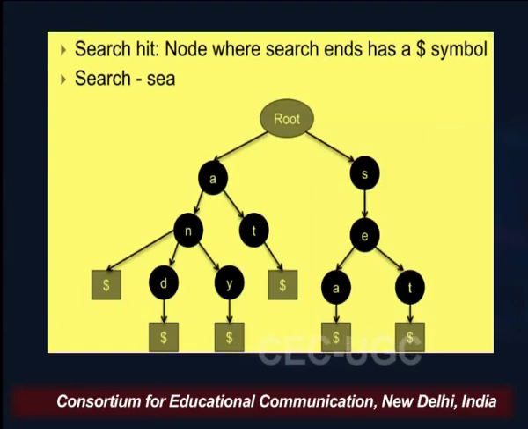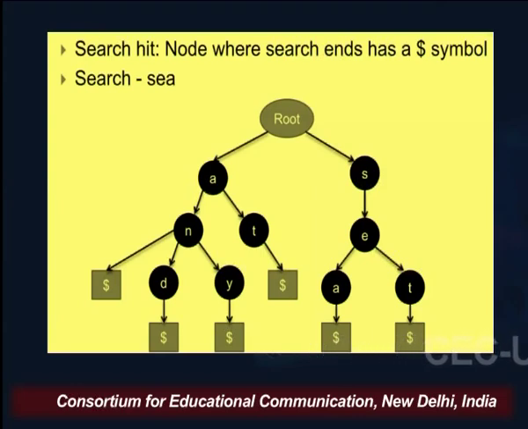if we are looking for the word SEA, then on the right side of the root node, which is an empty node, we have S, then we have E, and there are basically two words, one is SEA, another one is SET. So SEA followed by a dollar symbol.